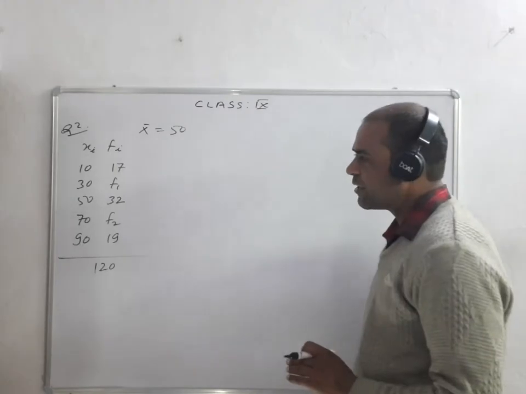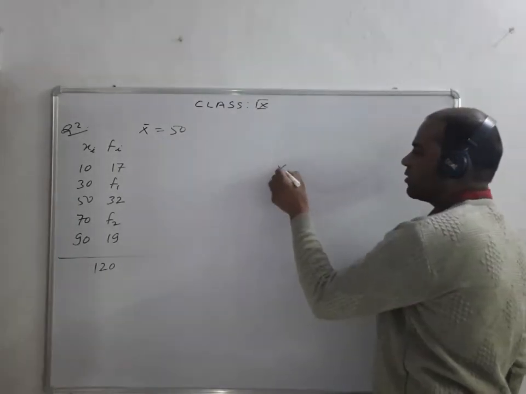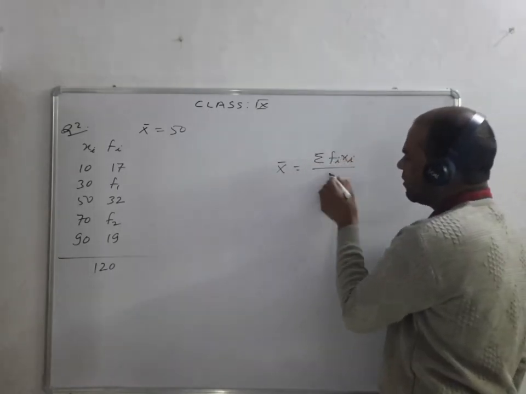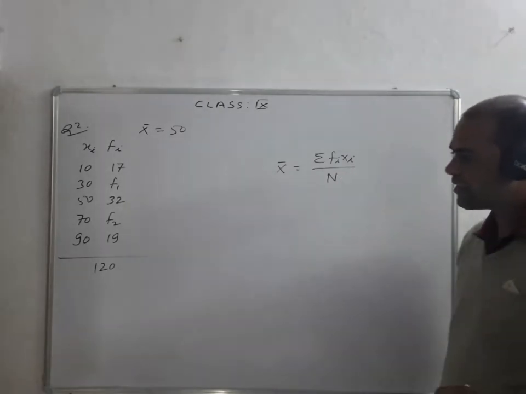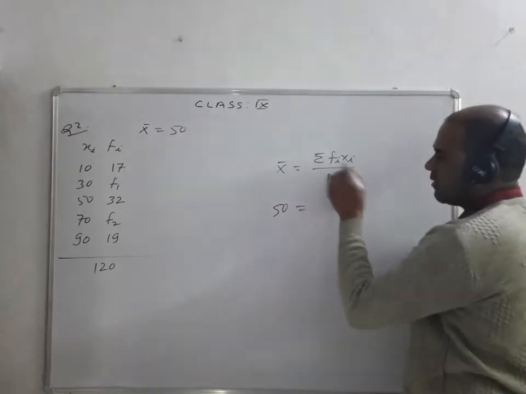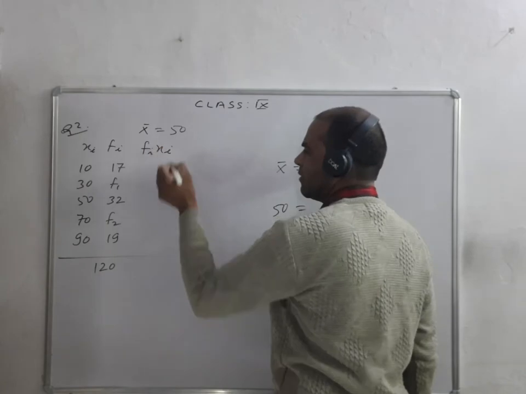Here the mean is 50, and find the missing frequencies f1 and f2. So the same concept, x bar equal to summation of fi xi upon n, where n is the sum of frequency. Here x bar is 50, and our second column is fi xi.